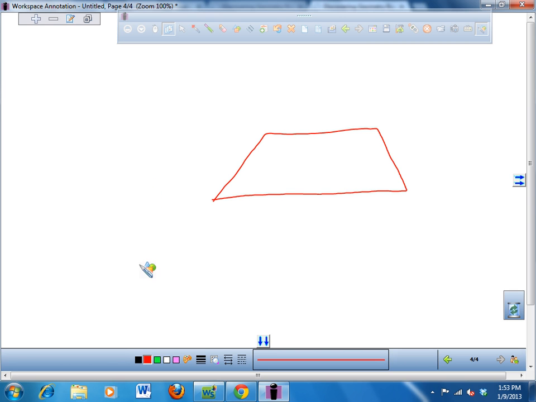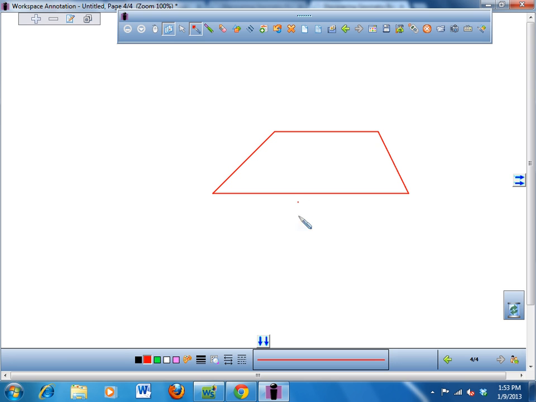That'd be a good idea, right? Say you're given that this is 10 and this is 8, and then they drop down a height like this, and they tell you that this over here is 6. What's the area?